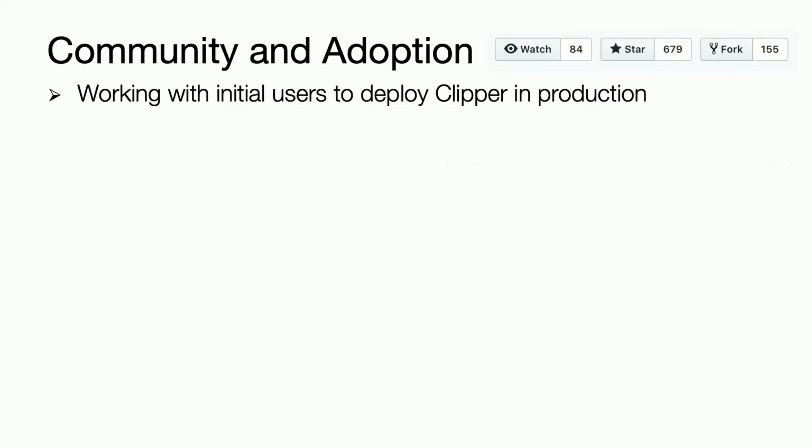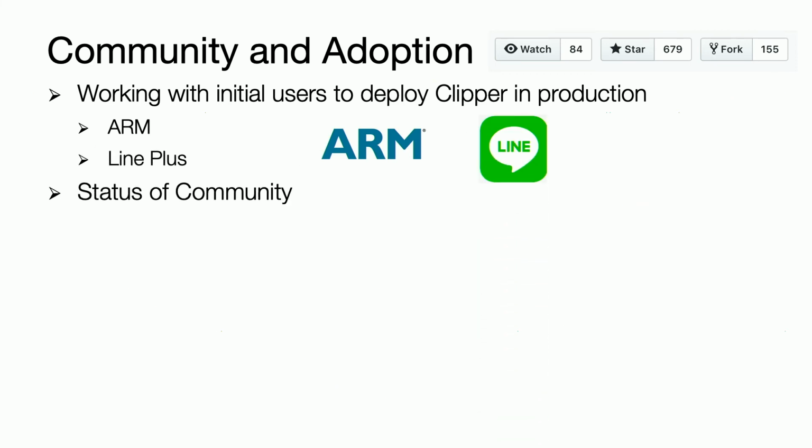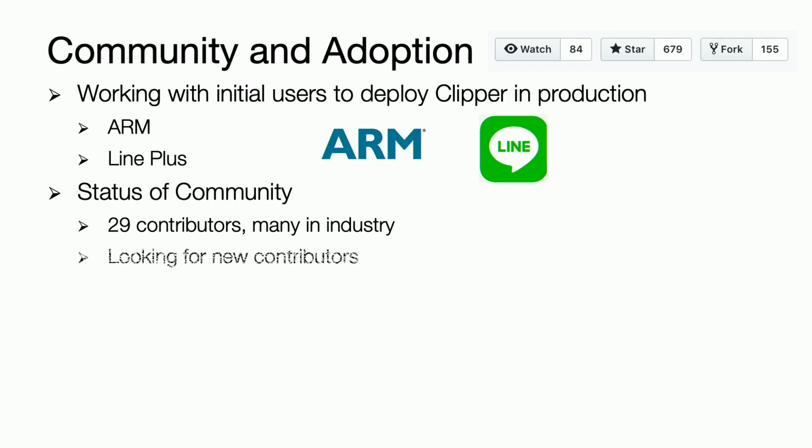As for community and adoption, we're working with initial users to deploy Clipper in production. This includes ARM online. As for the community, we have about 29 contributors right now, and many of them are from industry. We're looking for new contributors, and we welcome many new feature requests.